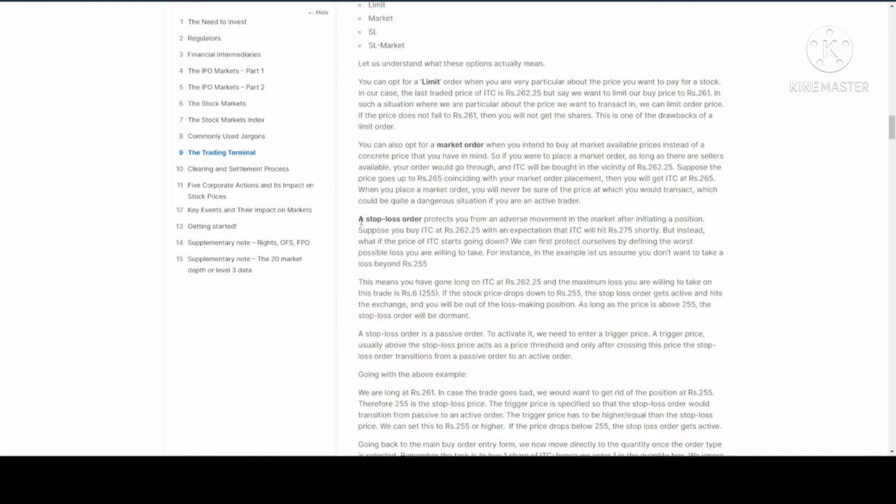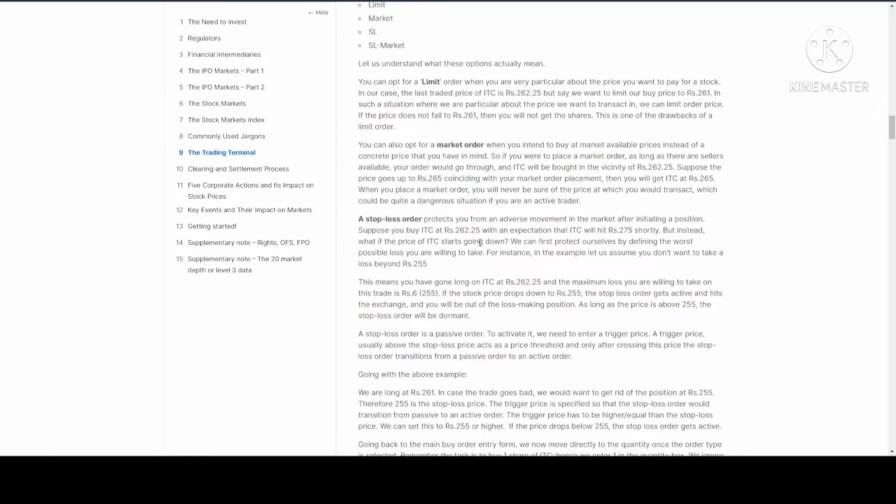A stop loss order protects you from an adverse movement in the market after initiating a position. Suppose you buy ITC at 260.25 with an expectation that ITC will hit 275 shortly, but instead, what if the price of ITC starts going down?